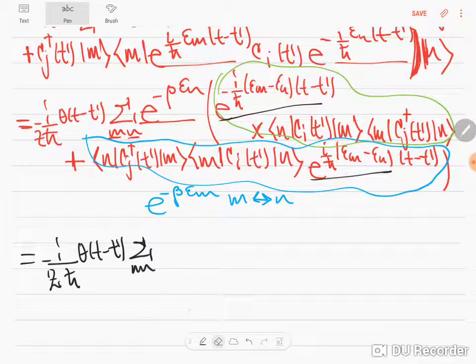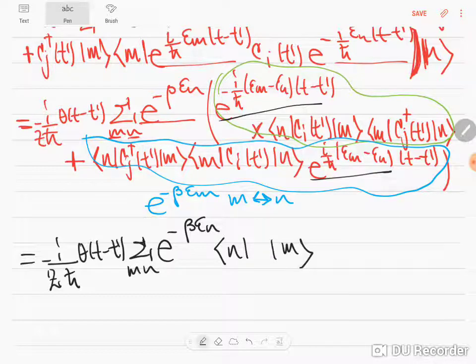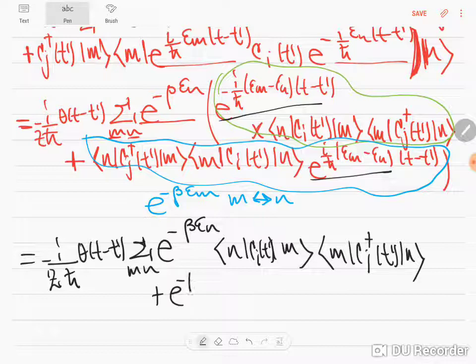So let me write this summation in, this is more clear. m and n. So this is e to the minus beta En first, times the sandwich between n and m of operator ci of t prime, times the sandwich between m and n of cj dagger of t prime. Plus e to the minus beta Em, times, since we changed n and m, now this is an m, this is an n and m.